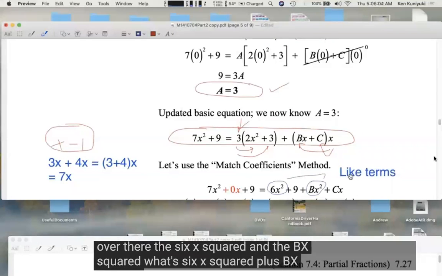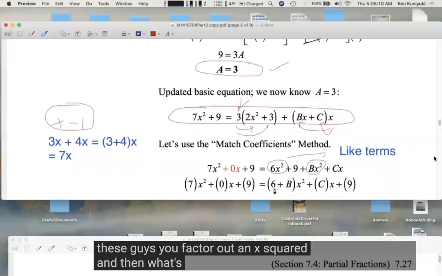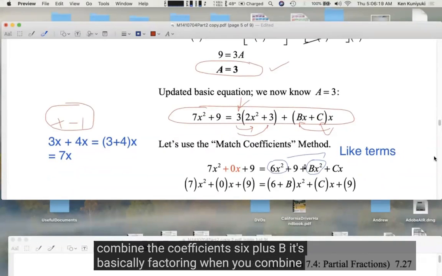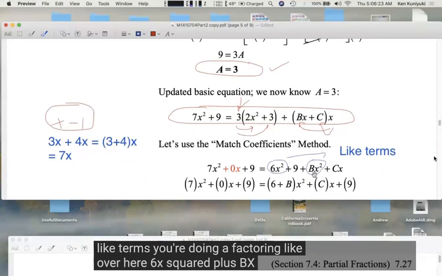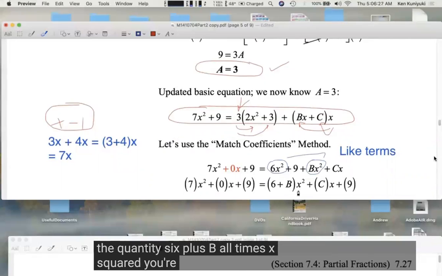What's 6x squared plus bx squared? It's like a local factoring. With these guys, you factor out an x squared. And then what's the other factor? You combine the coefficients, 6 plus b. It's basically factoring. When you combine like terms, you're doing a factoring, like over here. 6x squared plus bx squared is the quantity 6 plus b all times x squared.